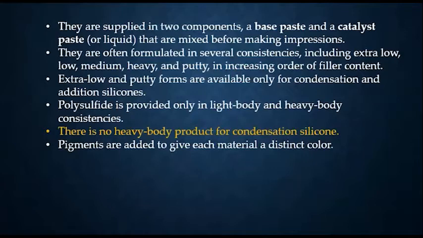Extra low and putty forms are available only for condensation and addition silicone, whereas the others don't have extra low and putty consistency. Polysulfide is provided only in light body and heavy body consistency, and there's no heavy body product for condensation silicone. Generally, pigments are added to give each material a distinct color, so they can be easily identified.